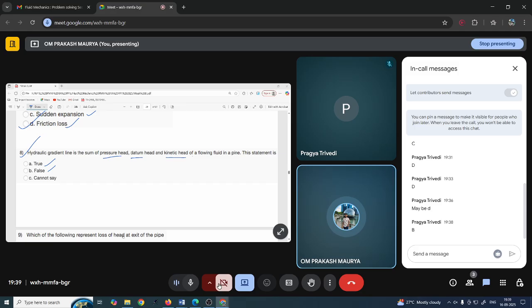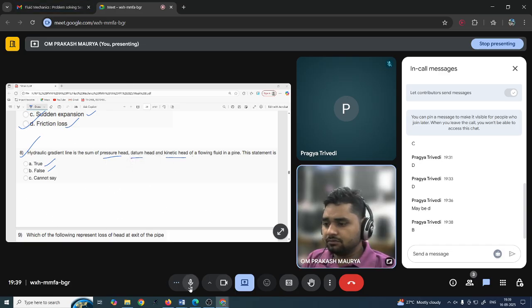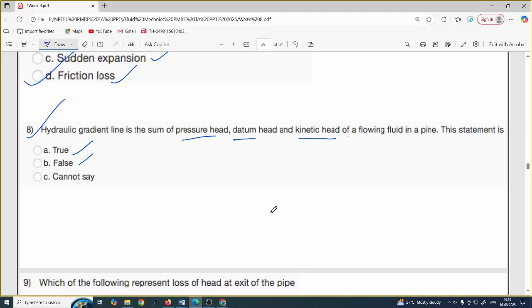Okay, you are telling the option B. So which will be the false? This is not correct.